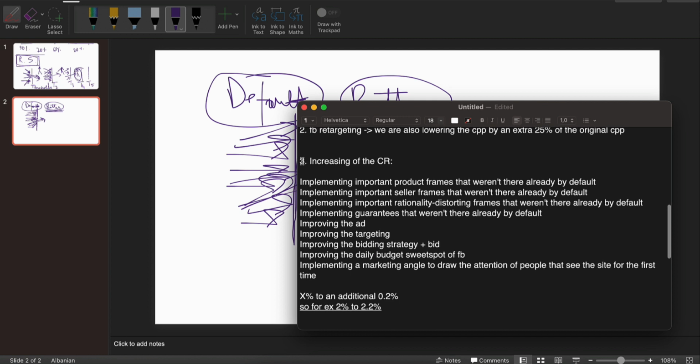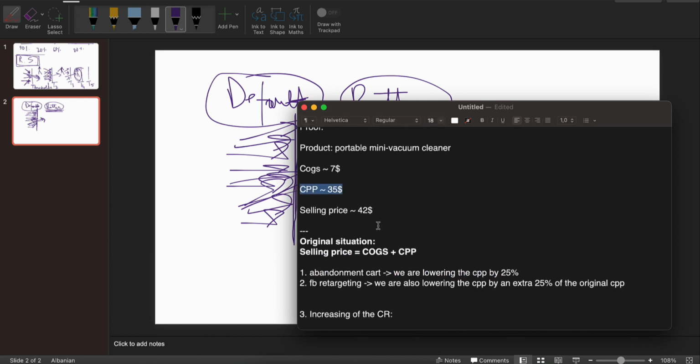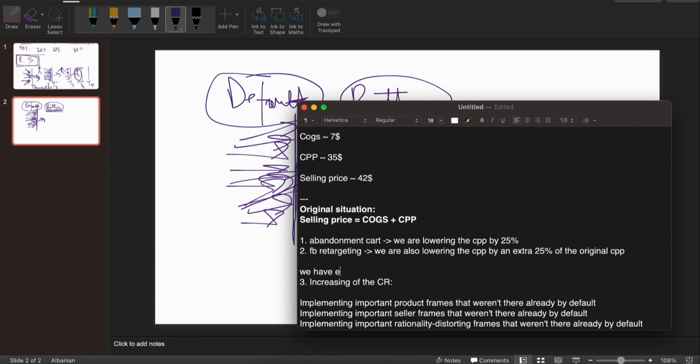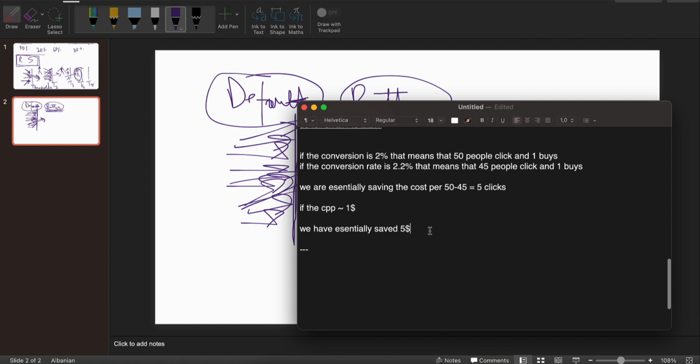Right, so this is free. So basically, in 1 and 2, we have essentially lowered the cost per purchase, which was $35, to a virtual 35 divided by 2, 17.5. So we saved $17.5 here, for sure. And now we have also saved $5 here, and I'm very, very conservative, right?